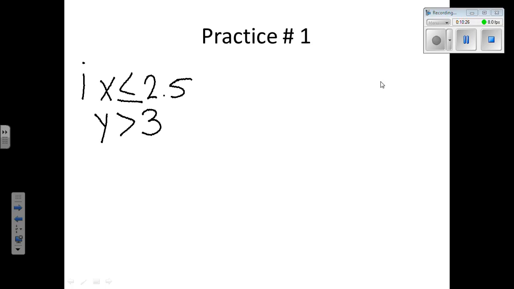Okay, so this is saying x is less than 2.5 and y is greater than 3.